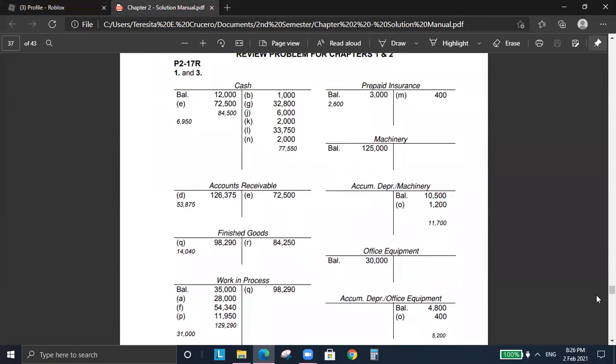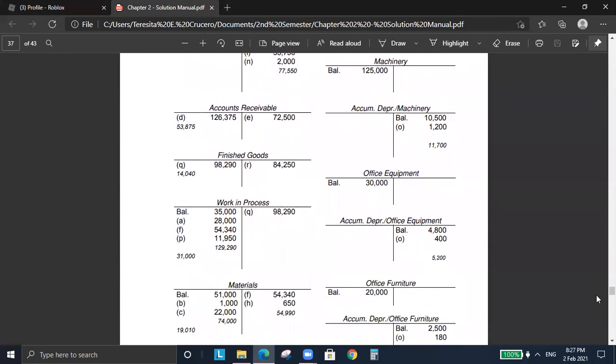So there we have cash. The beginning balance of cash is equal to 12,000, as well as the other balances. Now we post: we debit work in process 28,000. Actually, we have the letters coded to show this.